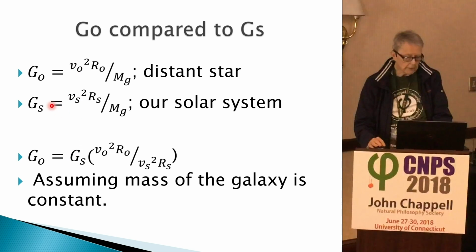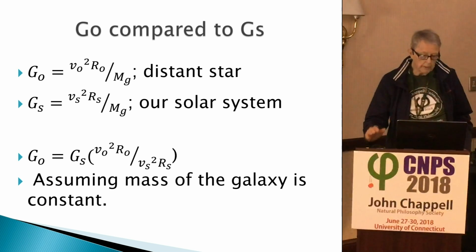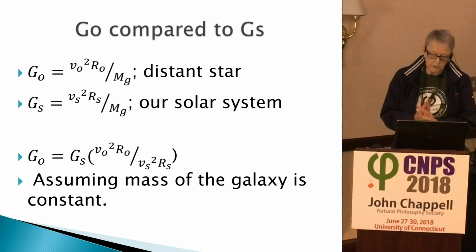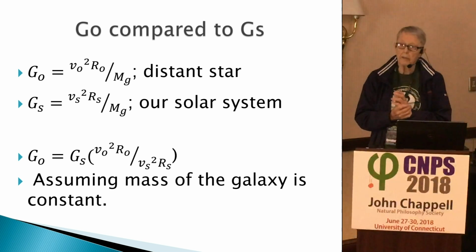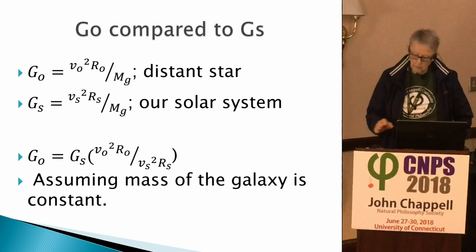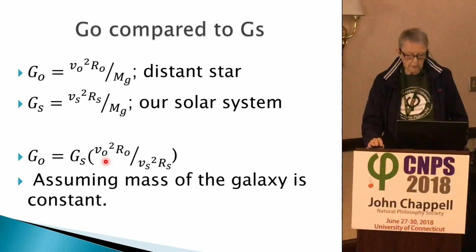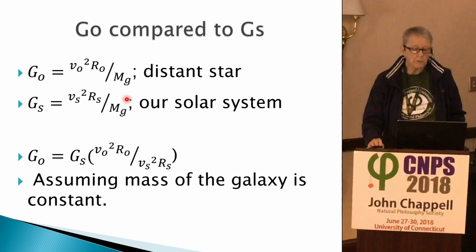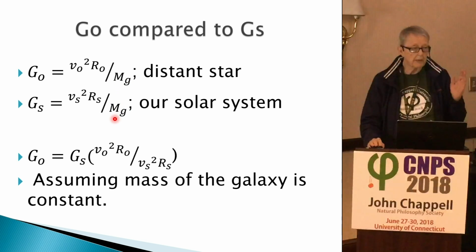Then what I did is divide the bottom equation into the top equation and restructure it, and you get an equation for G0, in proportion to the G sub S of our solar system, with a ratio which compares V squared R of the object to V squared S of our solar system. I assumed the mass was a constant. You see, these are the same, they canceled out.